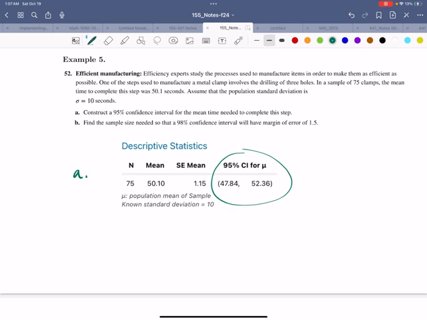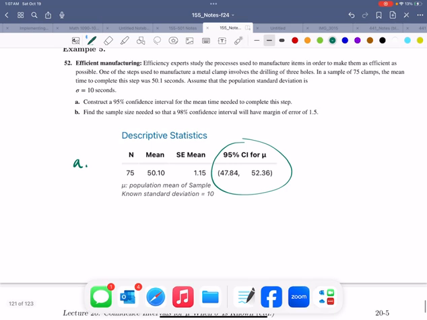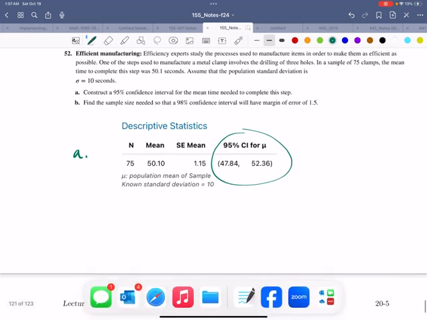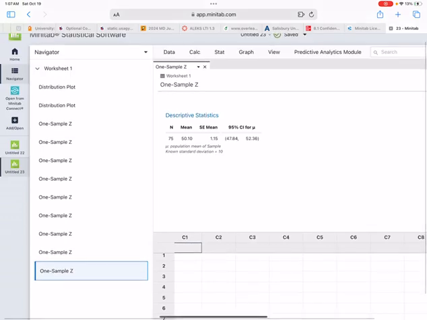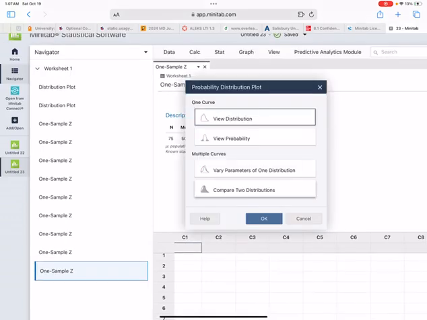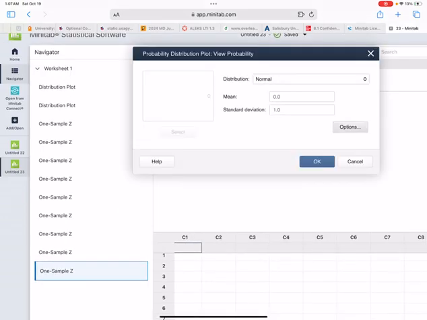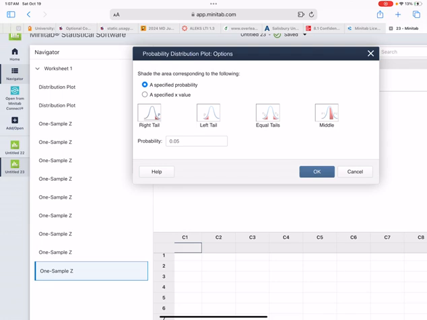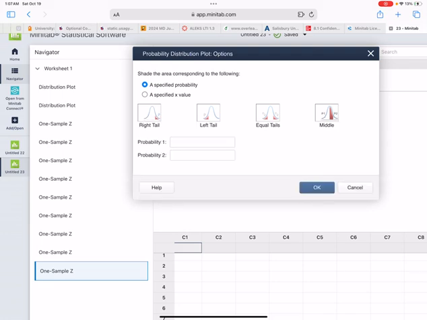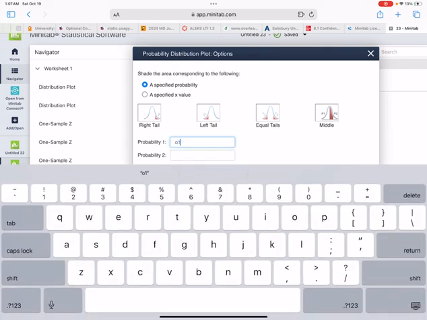So a 98% confidence interval, well, I'm not exactly sure what the z-score would be for that. So if I go into Minitab, graph, probability distribution plot, and we go here, do specified probability, middle, I'm going to do 0.01.